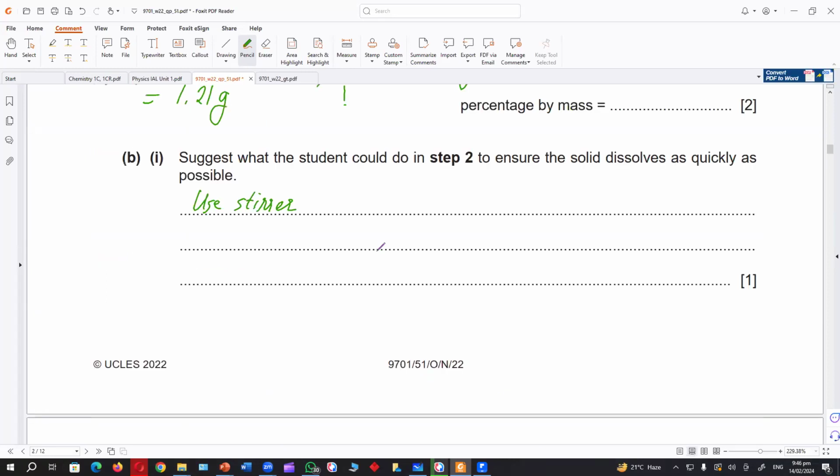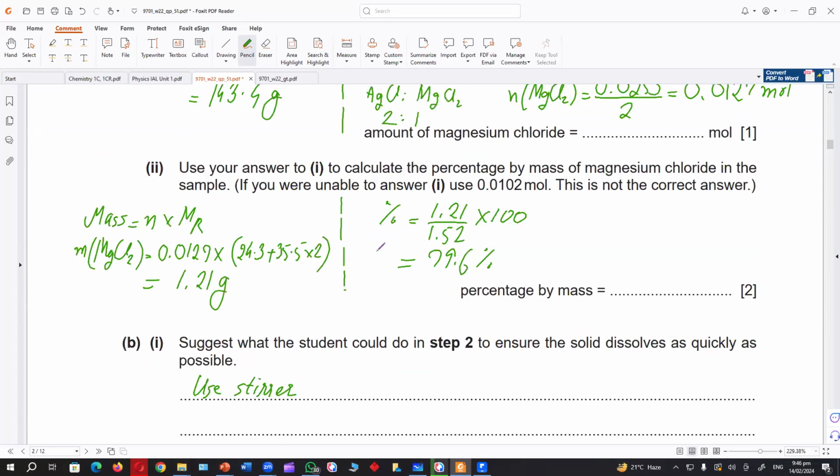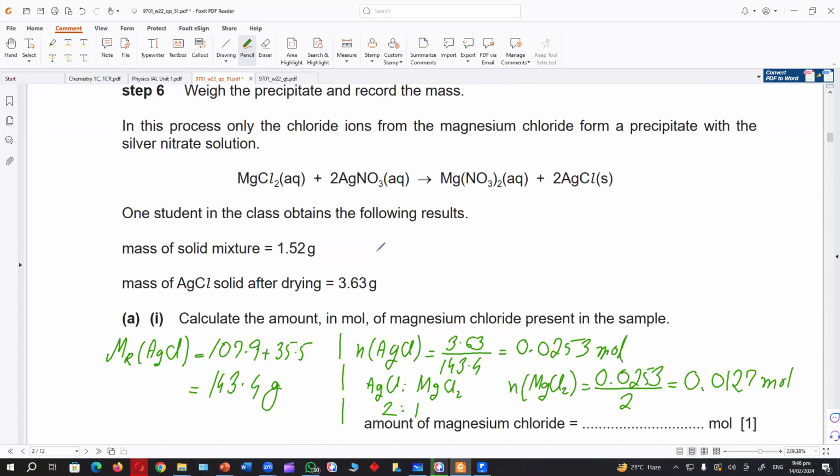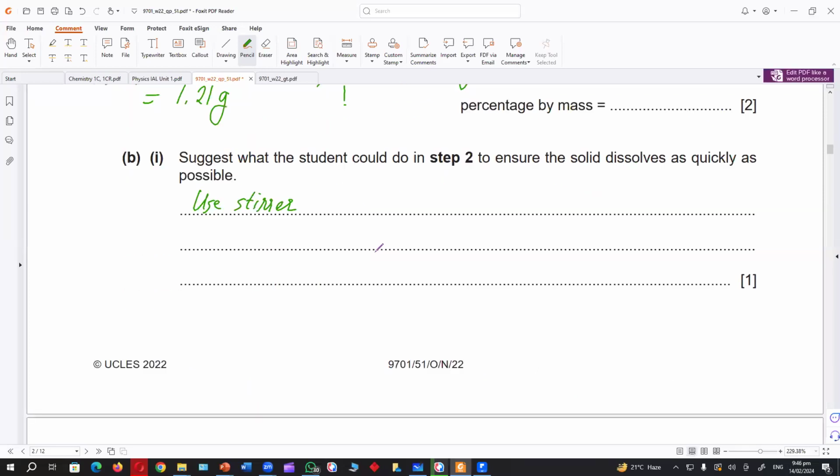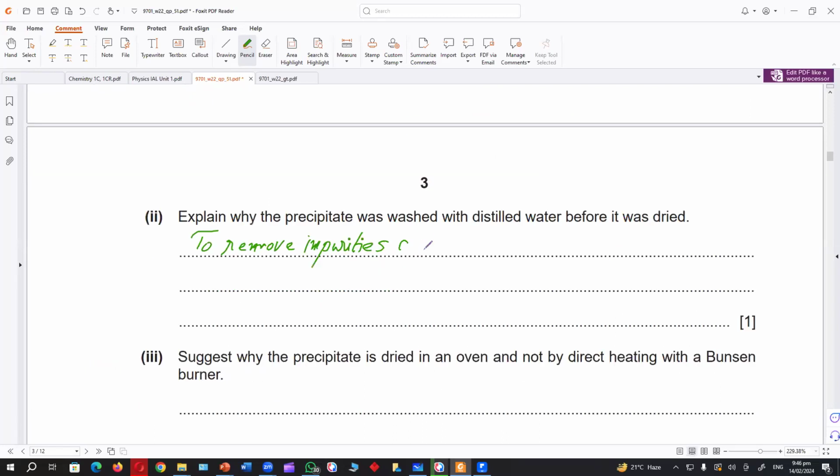Maybe the unreacted silver nitrate, or maybe some magnesium nitrate absorbed on the precipitate. So we can mention to the examiner that we should remove the impurities.